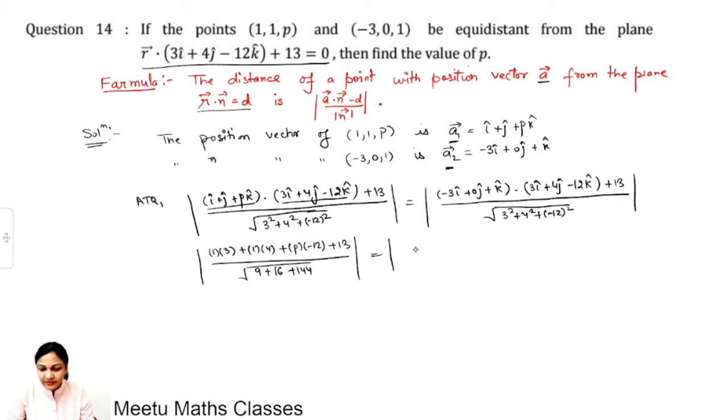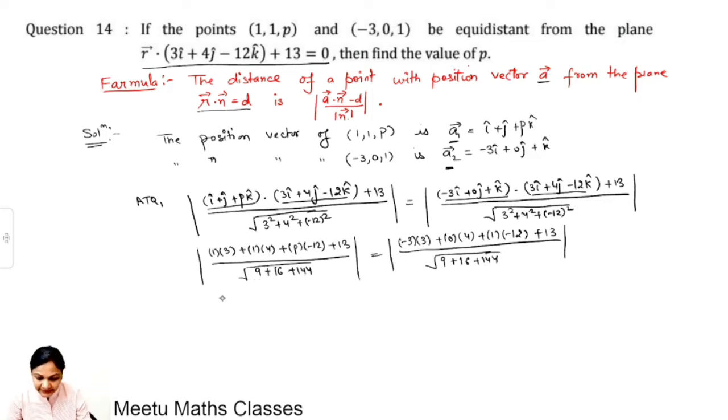And the dot product of the second will be minus 3 into 3 plus 0 into 4 plus 1 into minus 12, plus 13, divided by the magnitude, square root of 9 plus 16 plus 144. This quantity is root of 169 and that is 13.